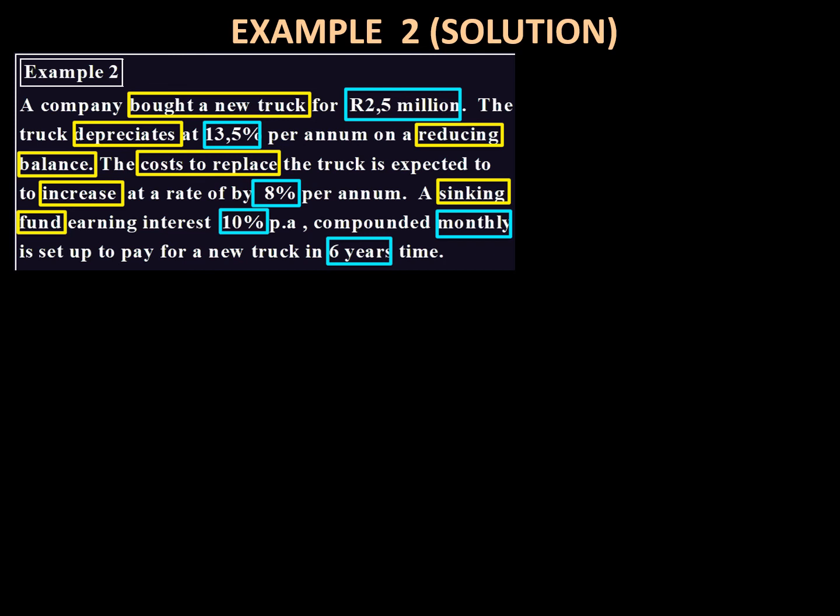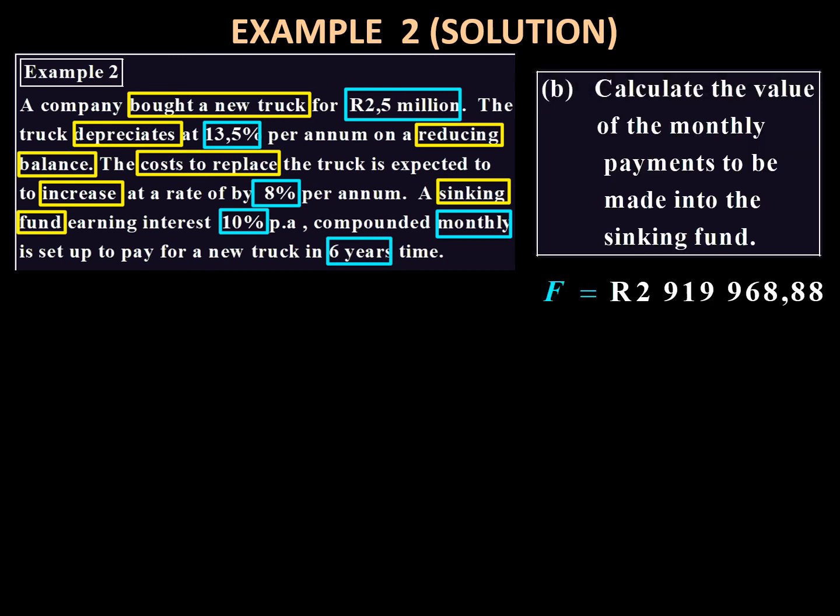Now let's look at the second part of the question. The second part wants us to calculate the value of the monthly payments to be made into the sinking fund. So that's the future value that we have here, 2,919,968 rand and 88 cents. So I use my future value formula, and here the sinking fund's interest rate is 10% compounded monthly.